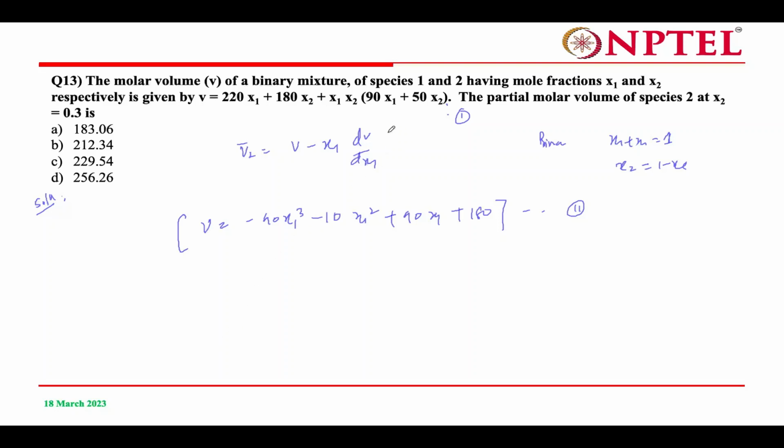Now take the differentiation with respect to X1.